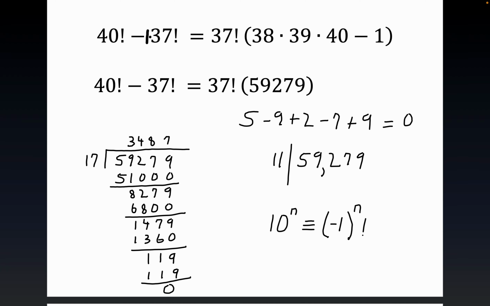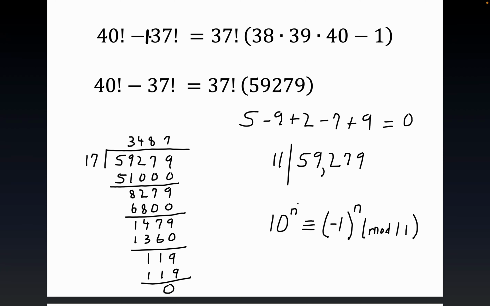Hopefully that's convincing. It's not a rigorous proof, but you can kind of see what's going on here. So it's modulo 11. Just think of the special case n equals 1. 10 minus negative 1 is equal to 11, all right? And so by properties of congruences, you can raise it to natural number powers, and it still holds.